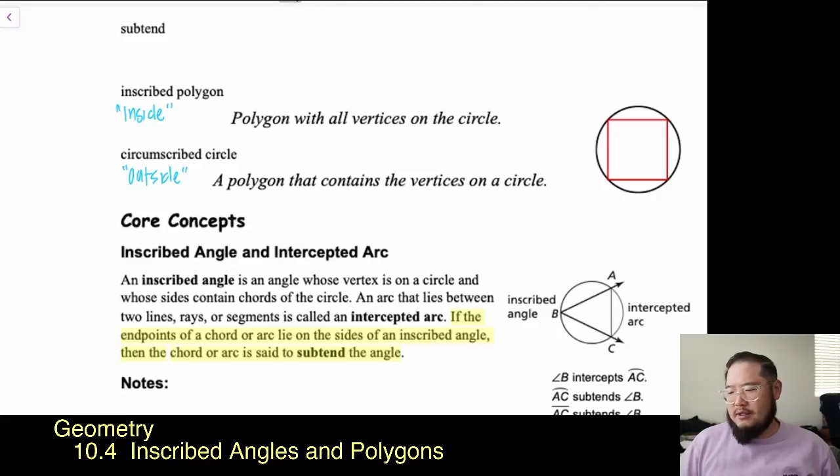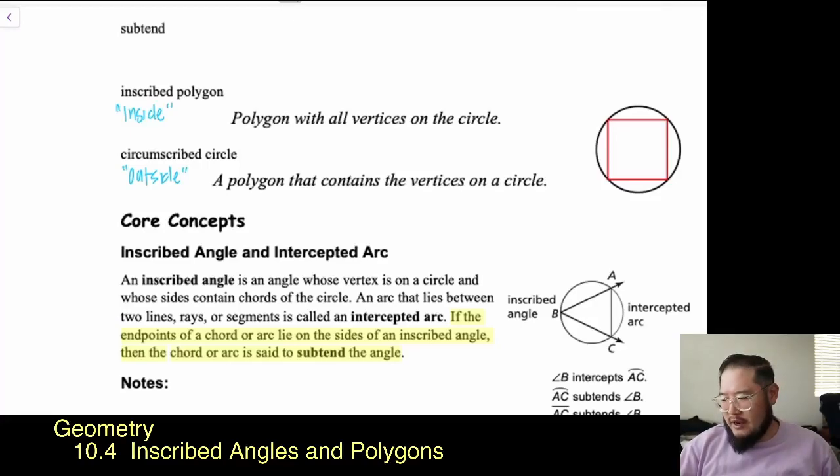This leads us to the subtend part: if the endpoints of a chord or arc lie on the sides of the inscribed angle, then the chord or arc is said to subtend the angle. So we're just saying that this arc happens to subtend that angle.